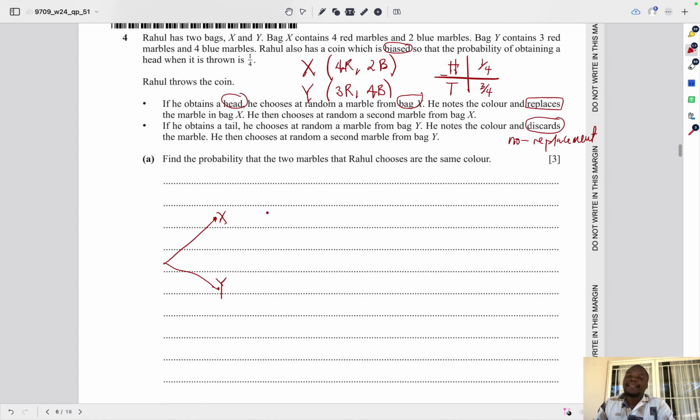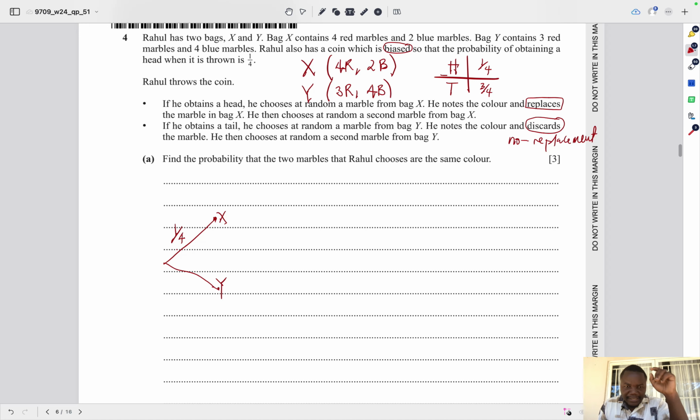But here, this toss of a coin is changing the narrative around that, because we are not looking at these bags with the same probability. We are being told that we consider what's in bag X when we get heads. And heads have got a probability of 1/4.